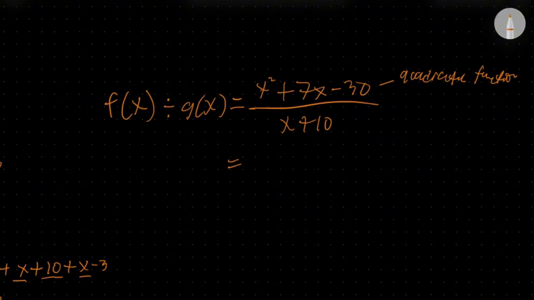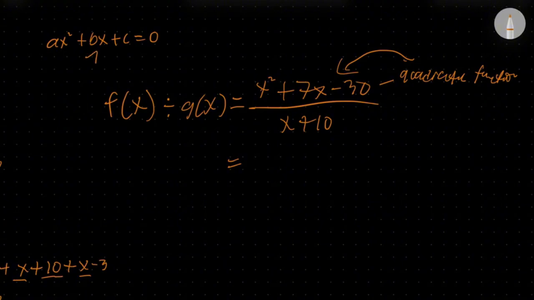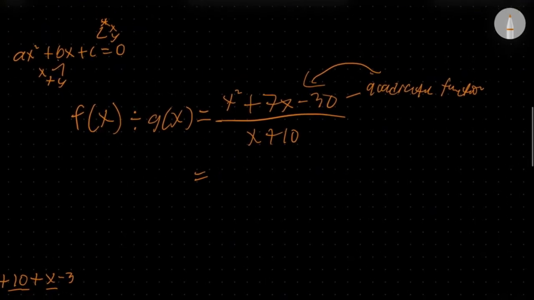Now we will factor this out. In a quadratic function, we have ax squared plus bx plus c is equal to 0. To factor quadratic functions, we must find two numbers that, when added up, result to b, and when multiplied, result to c.